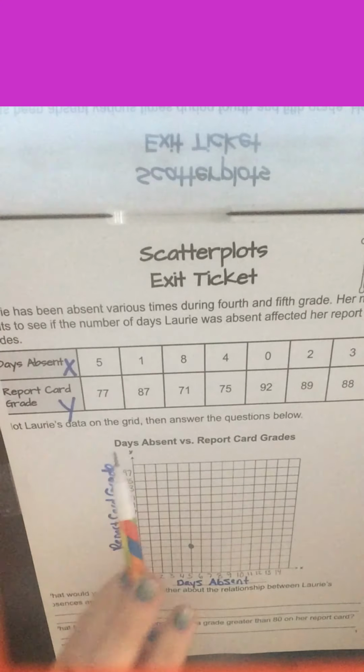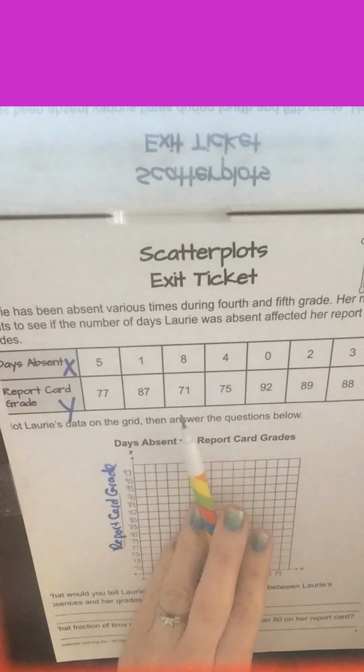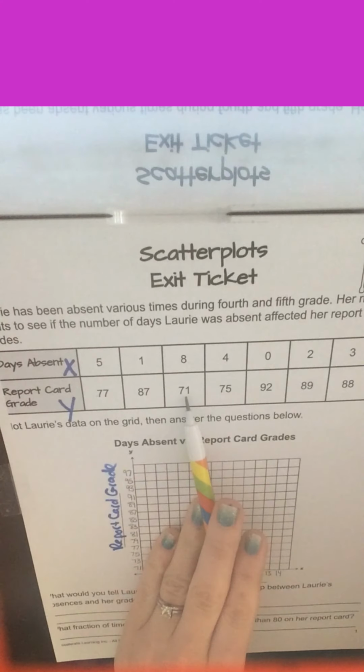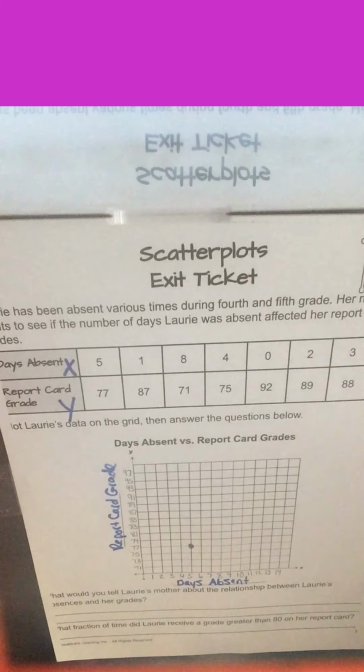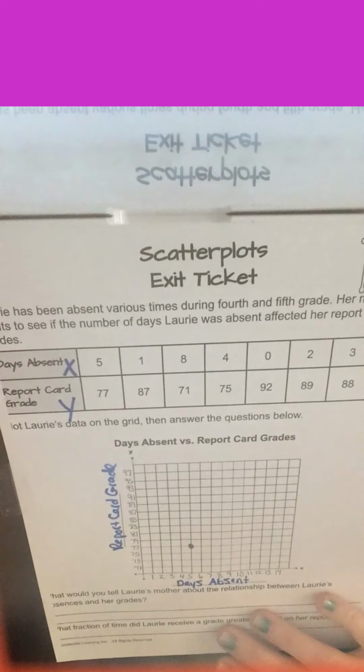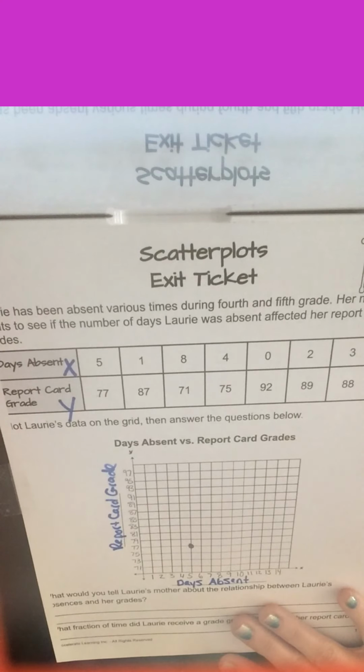Looking at our data here, our lowest was 77 and our highest was 92. There weren't enough points here for me to skip count by ones, so we went by twos instead. I just wanted to point that out because that's going to be really important information as we get further into our graphing.